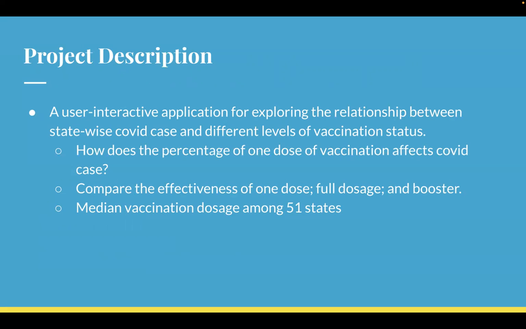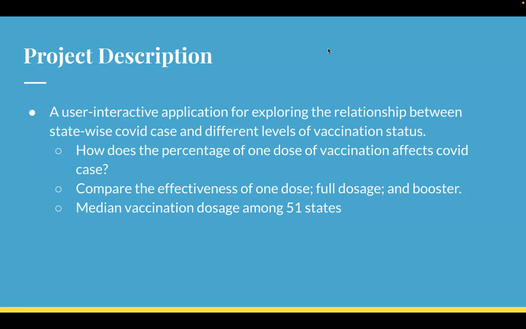I am also curious about how vaccination differs between each other. Let's say, how does one dosage perform with respect to full dosage and even a vaccination booster? And I would like to know, among 51 states, what's the median vaccination dosage?